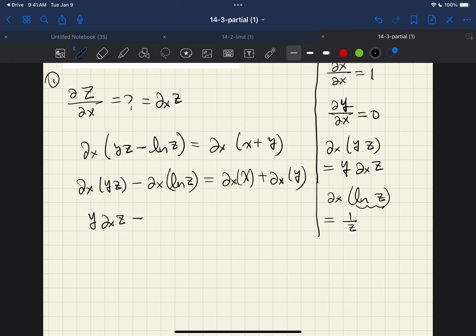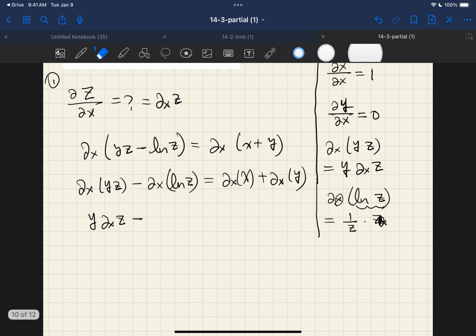We're taking it with respect to x, so we also need z_x, or you can write this as partial x z. That's the same thing. So in this case, we have 1 over z partial x z.